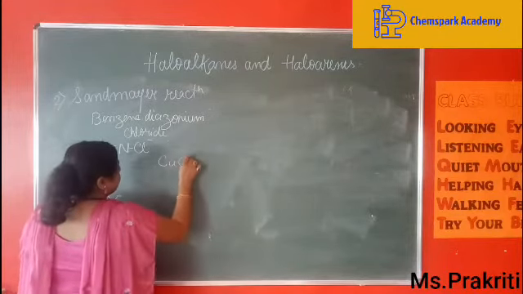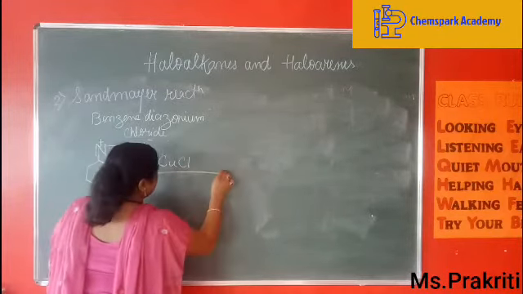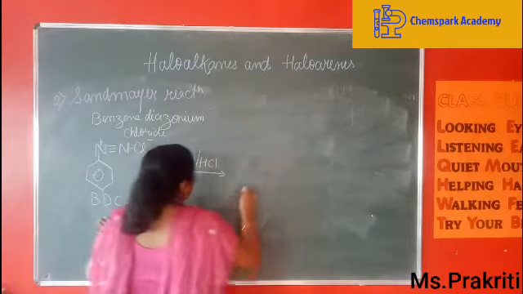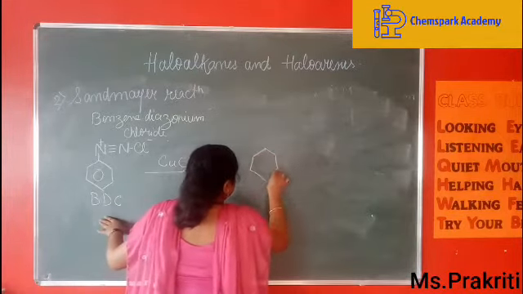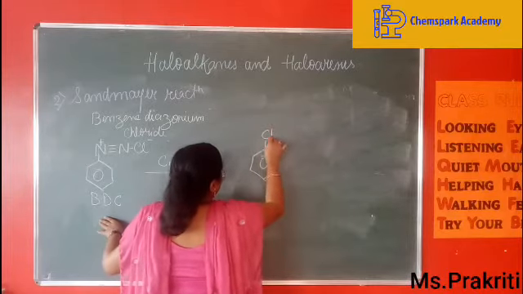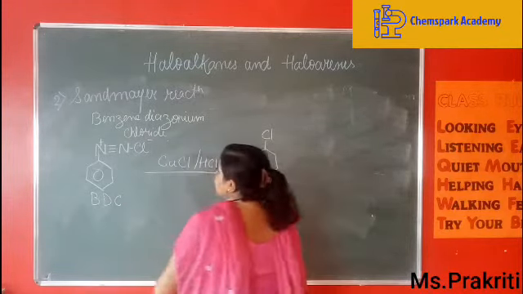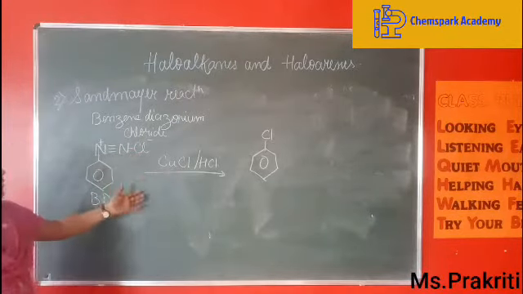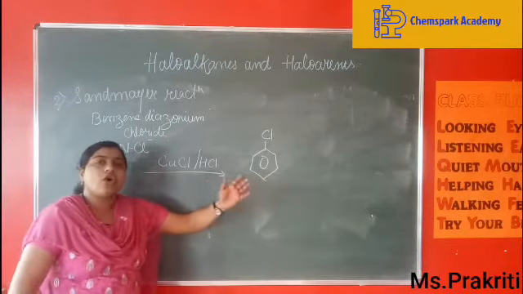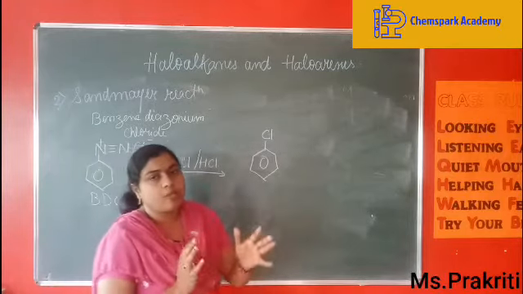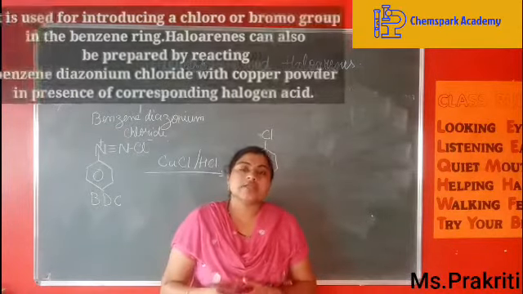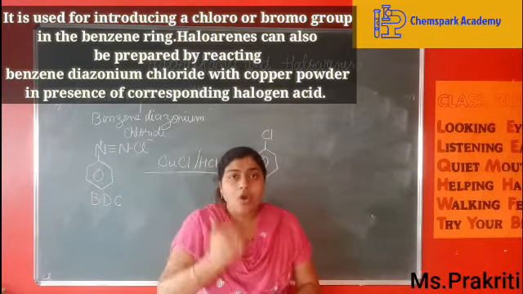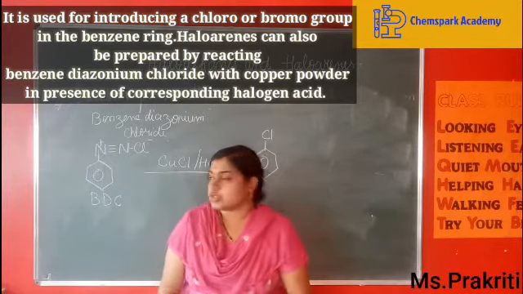When it is reacted with an acidified solution of CuCl, it forms chloro or bromobenzene. That is, if we take benzene diazonium chloride, we will have a chlorobenzene, or likewise we will have a bromobenzene also. So these were basically the two methods of preparation of haloarenes.